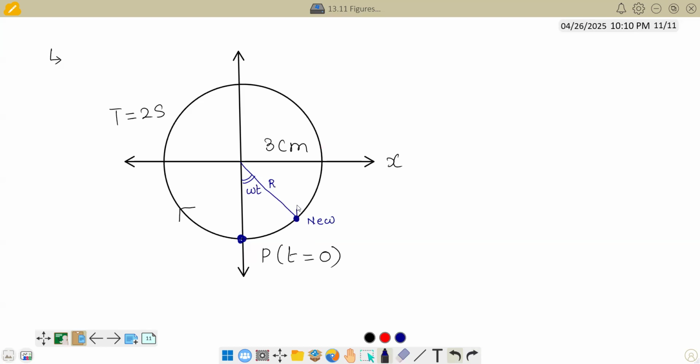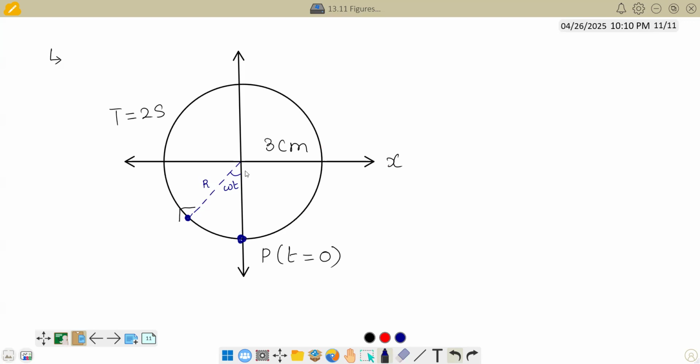Then I can construct a triangle here. If I slowly construct a triangle, I think I made a small mistake. It is going in the anti-clockwise direction. So just let us move it to this location. Then this would be equal to omega t. This is r, and this one also would be r.